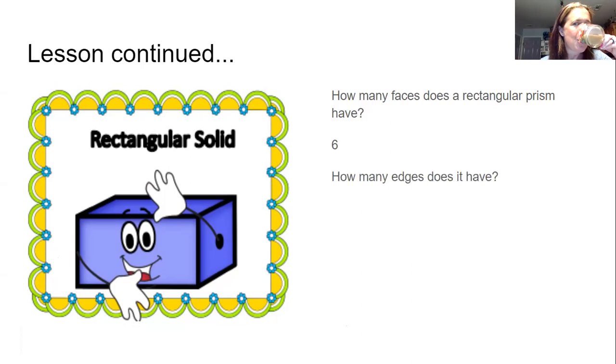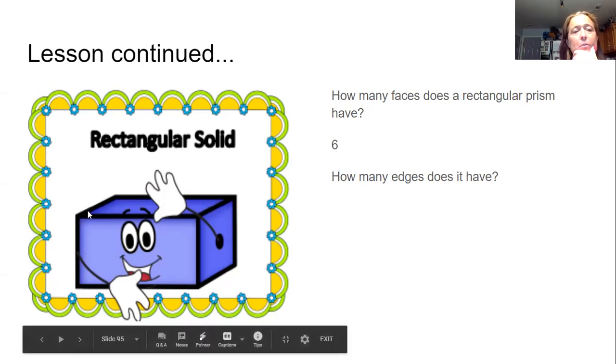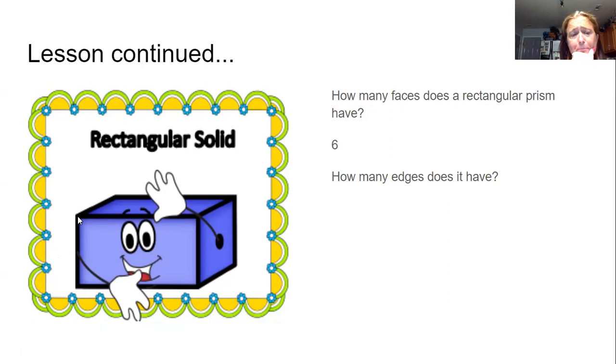How many edges does it have? Again, remember, you're only counting each edge one time, even though it's technically on two different faces. So you have one here, here, here, and here. That's 4.